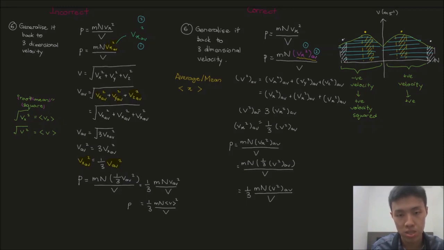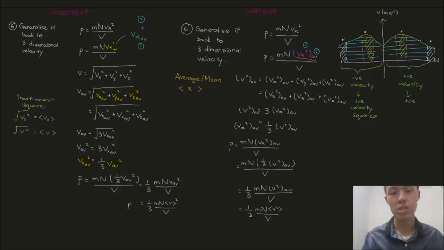It will be 1/3 mn, the average of v squared, over V, the volume of the gas container. So this is actually the formula that I'm trying to go for, and this is the formula that is introduced in your syllabus.